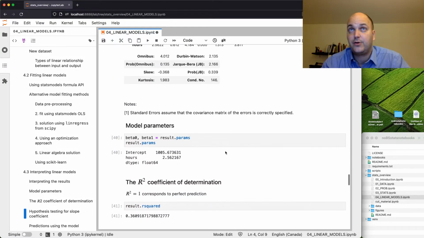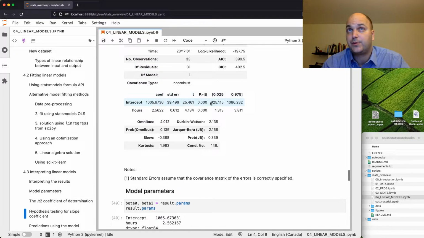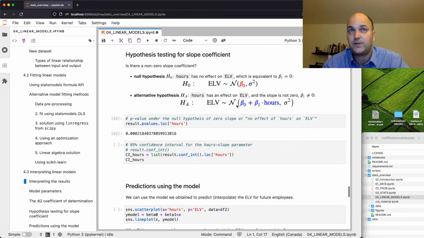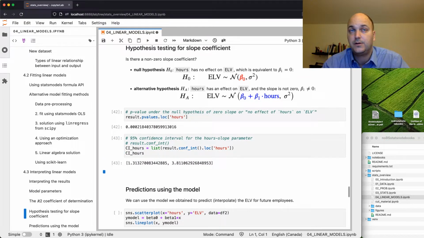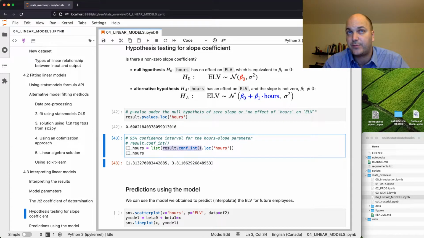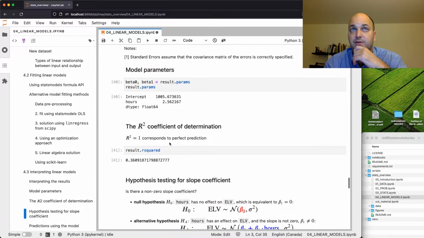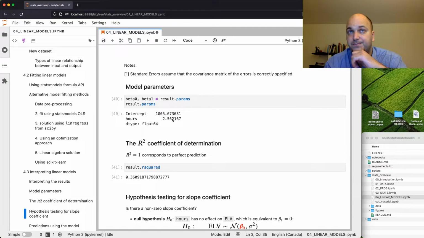And not only that, but it also computed a 95% confidence interval for us. This gives you a 95% confidence interval for each variable, and we select the confidence interval for the hours slope. It's somewhere between 1.3 and 3.8. Remember, the actual value was 2.56.